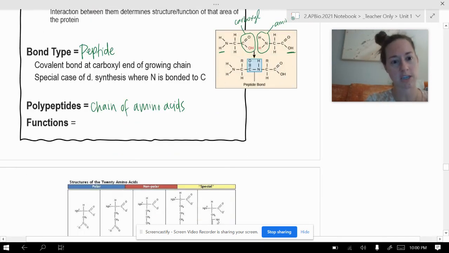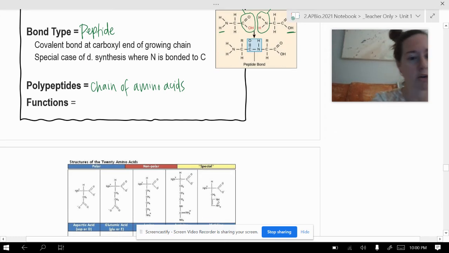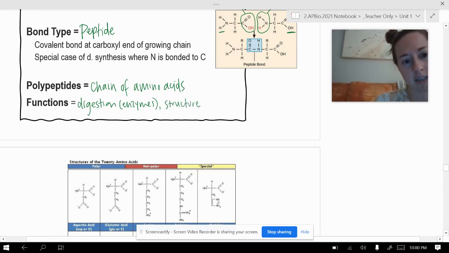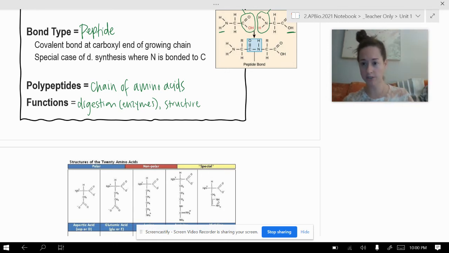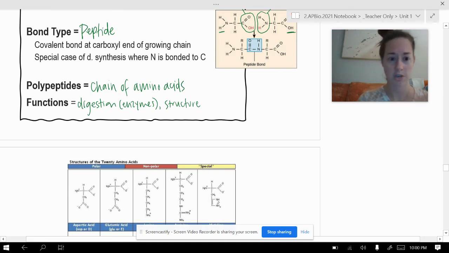Functions I already talked about a bit, but there are so many. So digestion, that's enzymes. Structure. Those would be things like keratin for your hair and your nails, collagen for like elasticity of your cells and your tissues. Those things are structural.